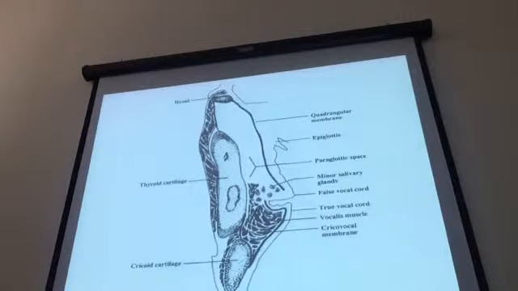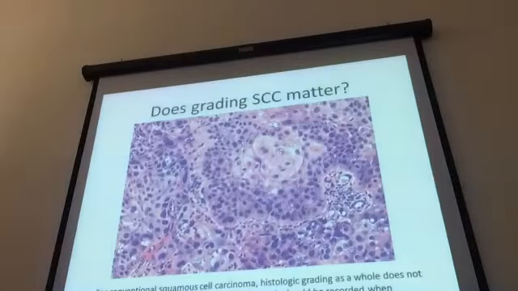Or if it has penetrated into the thyroid cartilage, again, that's an advancing stage. So understanding the depth of invasion and these structures is also important. So what about grading of laryngeal cancer? Should we grade squamous cancers of the larynx?